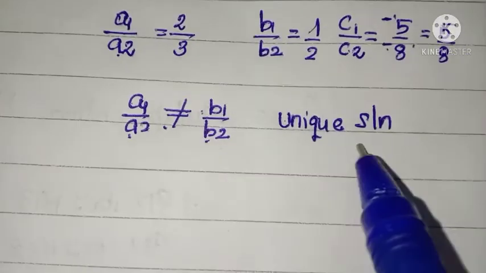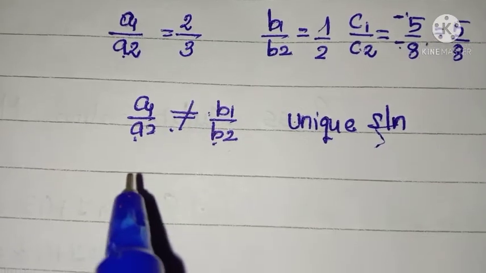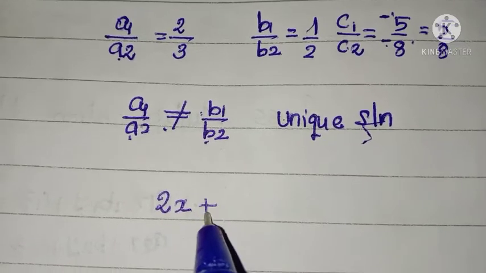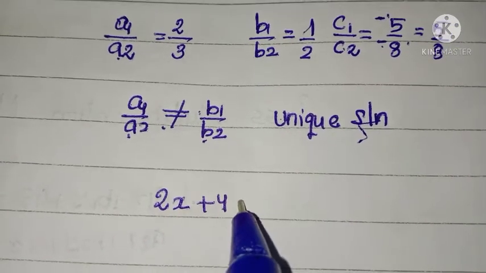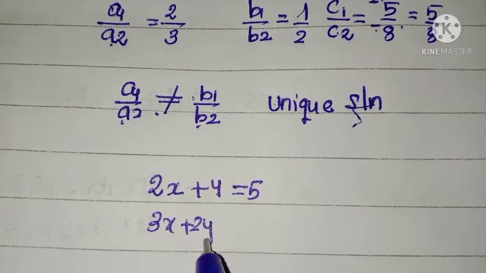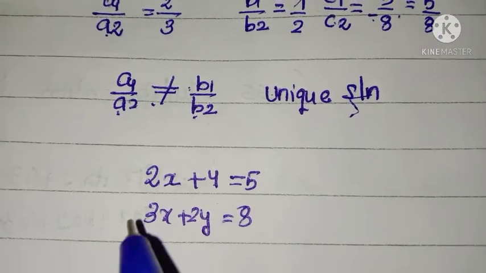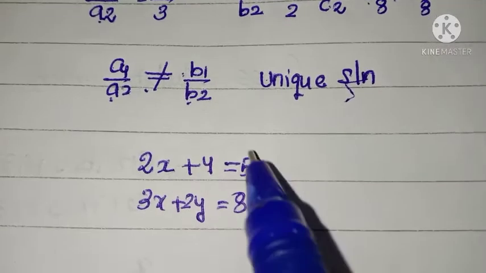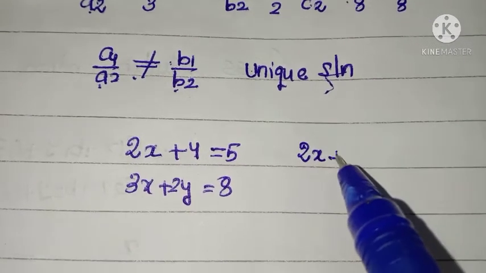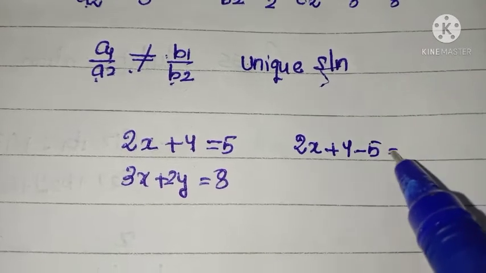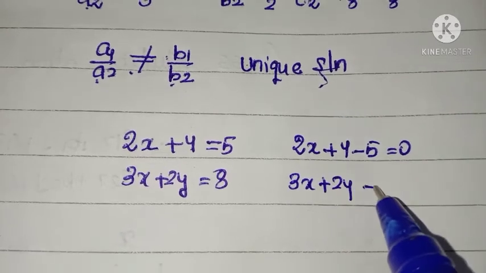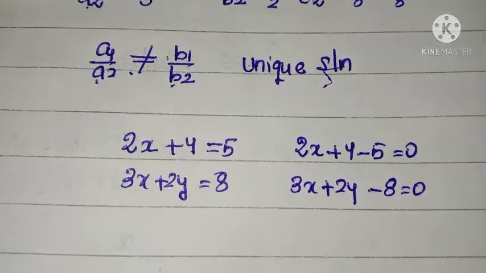Let's see how to find this solution by the cross multiplication method. Our given pair of equations is 2x plus y equal to 5, 3x plus 2y equal to 8. The first step is to rewrite these equations in general form: 2x plus y minus 5 equal to 0, 3x plus 2y minus 8 equal to 0.